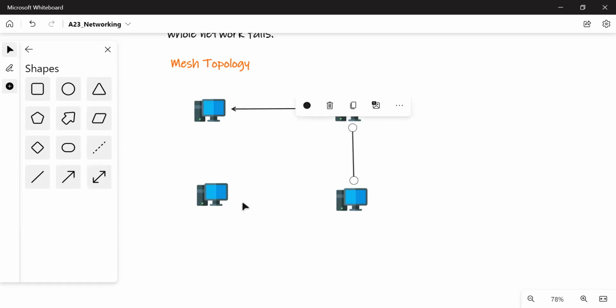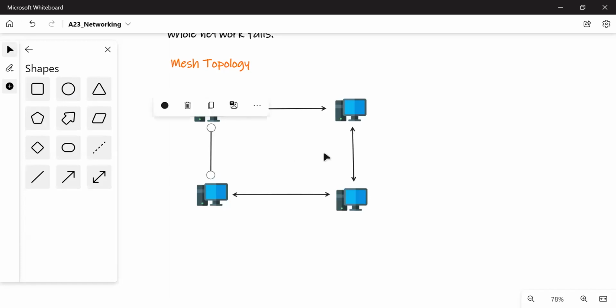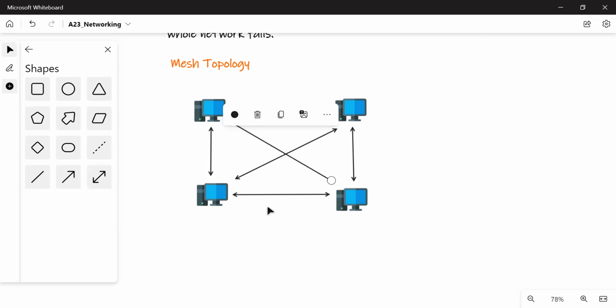So simply in any direction, they can talk to each other, right? And this is called mesh. It doesn't have to be connected like this. Sometimes some connections might not work. Then we call it fully mesh. So mesh topology.